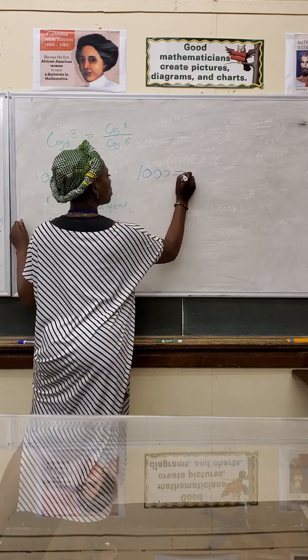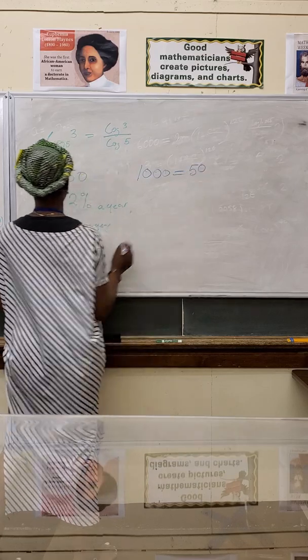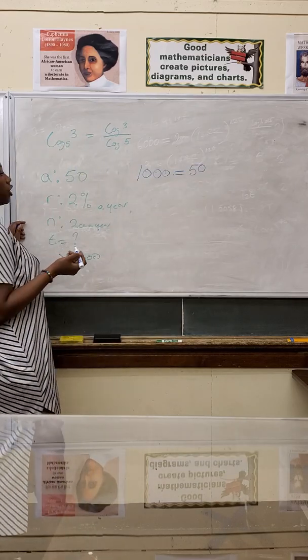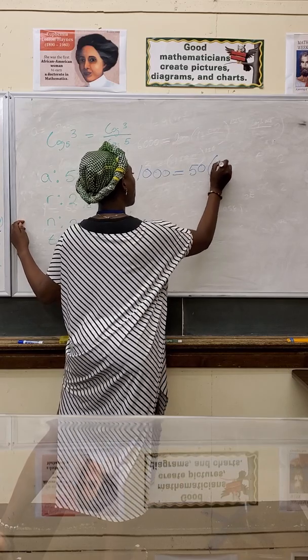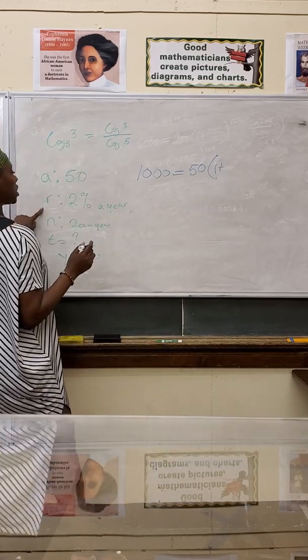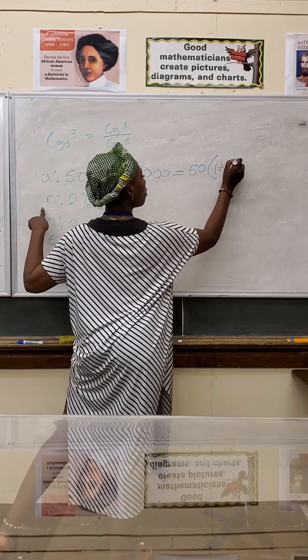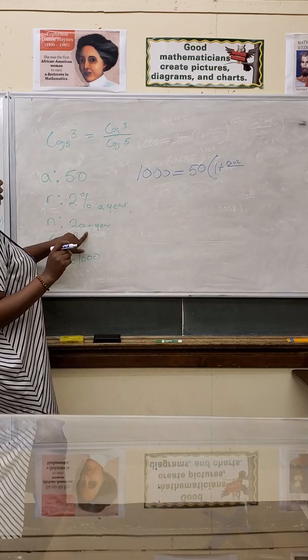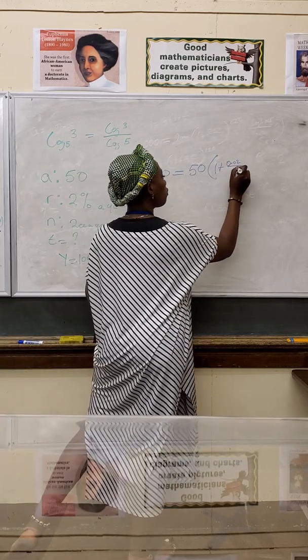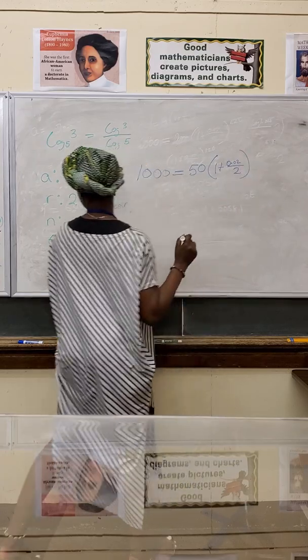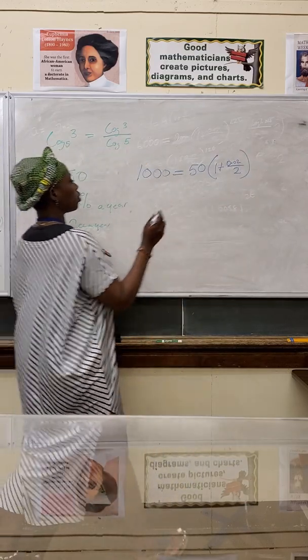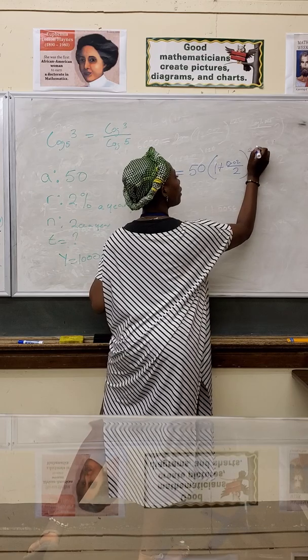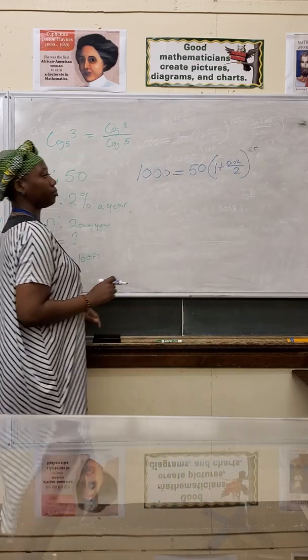So it's equal to 50, and then we're going to do our compound interest formula, which is 1 plus our rate, 2%, so 0.02, over how many times a year, twice, so over 2, raised to the power of nt, so 2t, twice a year for however many years.